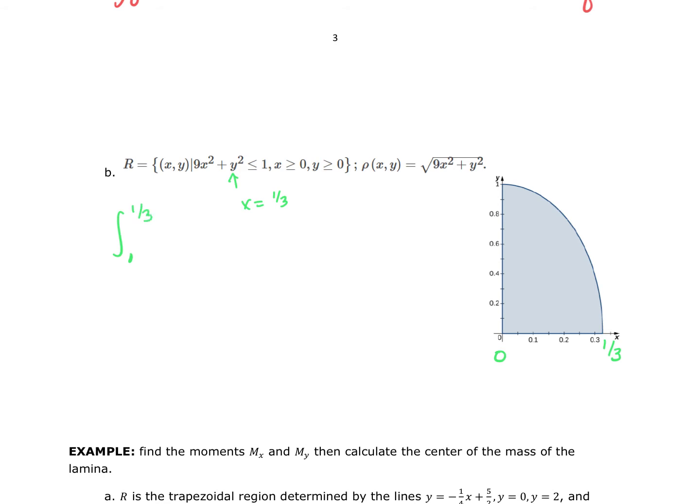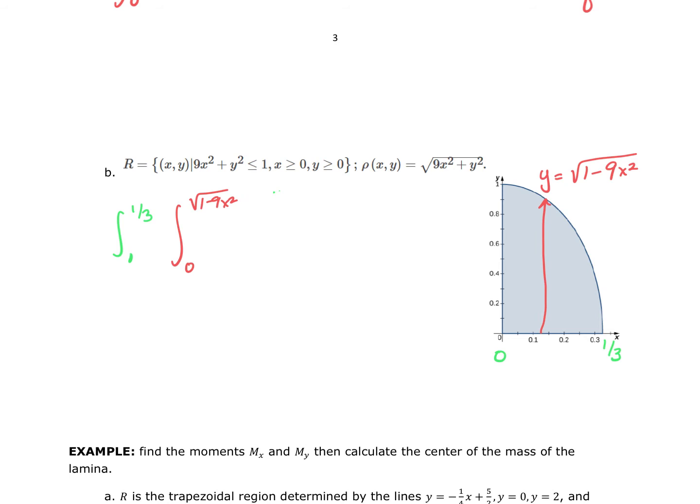Even the y doesn't look that bad. Y is going to go from 0 to this function, and so I'm going to solve this function in terms of y. So I've got y is equal to the square root of 1 minus 9x squared. You're thinking, okay, well, that's not too bad.